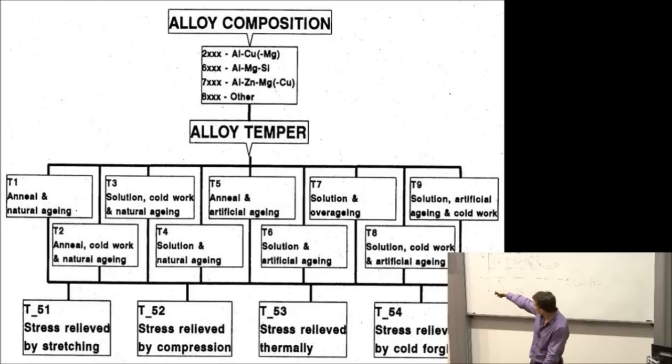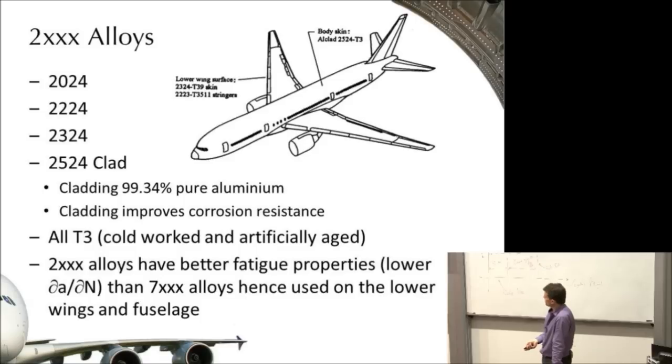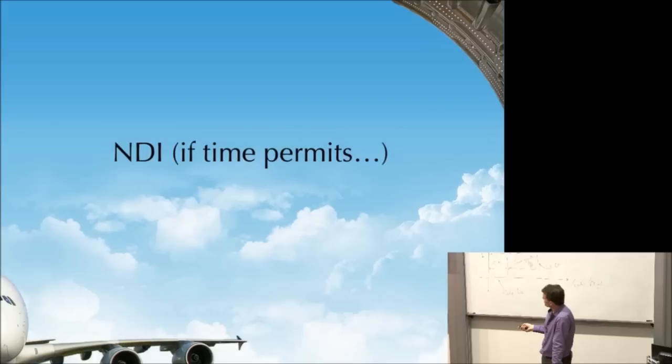So T3 is solution cold worked and natural aging. T4 is solution and natural aging. So the different temper treatments are something that they've done to it to change its material properties. If you want to specify a material, you specify the alloy and the treatment that's done to it. Again, I won't go into this in too much detail.